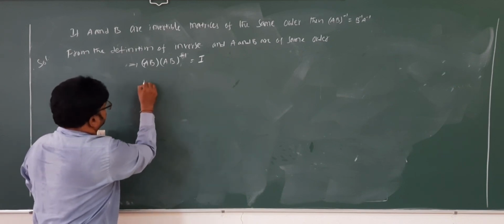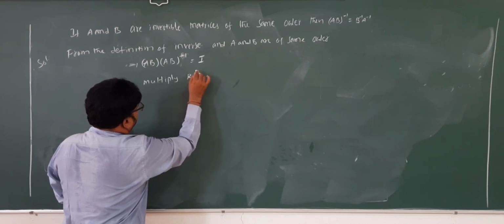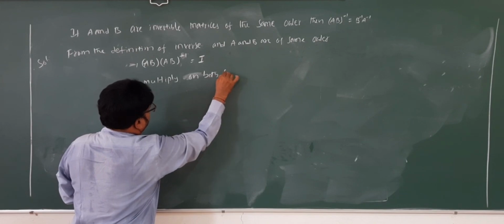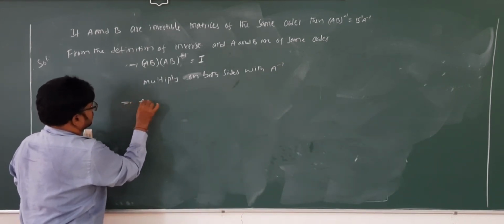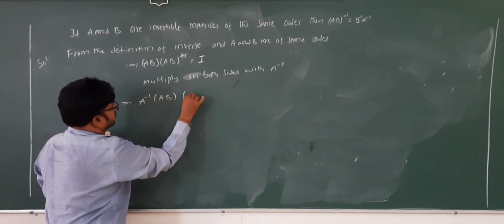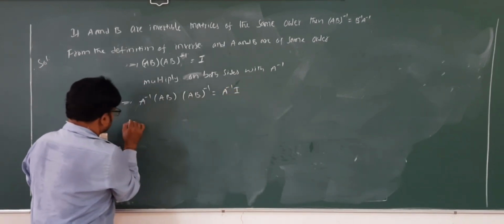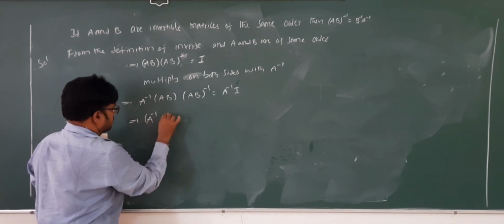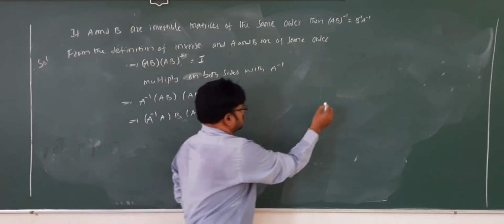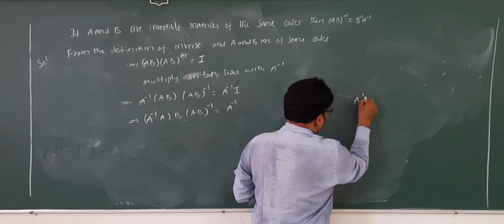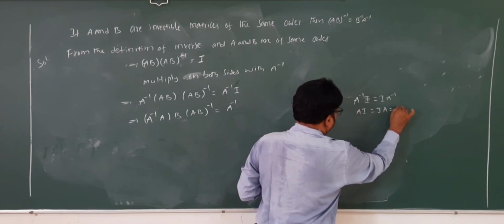Now here, multiply on both sides with A inverse, then A inverse into AB into (AB) whole inverse equals A inverse into I. Now, you can write this as A inverse into A into B, this (AB) whole inverse equals A inverse, since we know that if we multiply any matrix of the same order with the identity matrix, we get the same matrix.